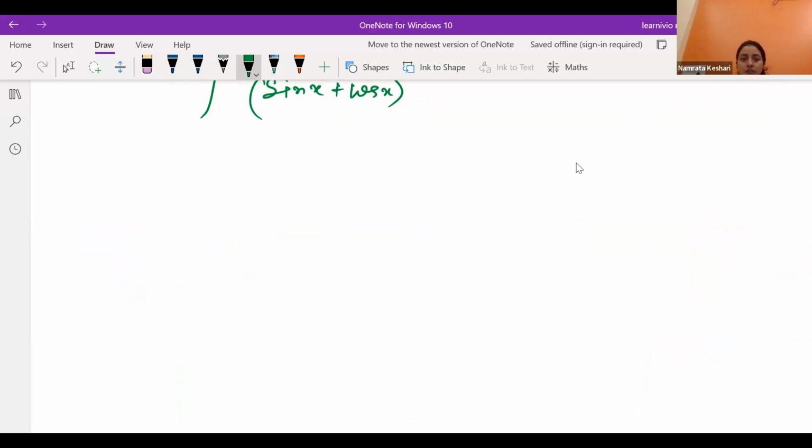What to do with this one? If we are having integration of tan cube 2x sec 2x dx, then what to do, Annapurna?